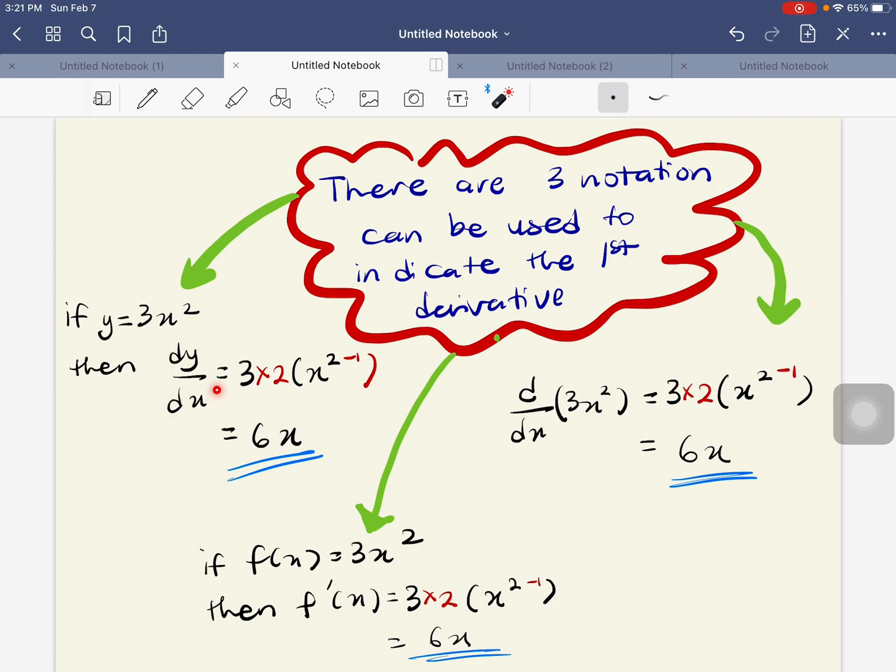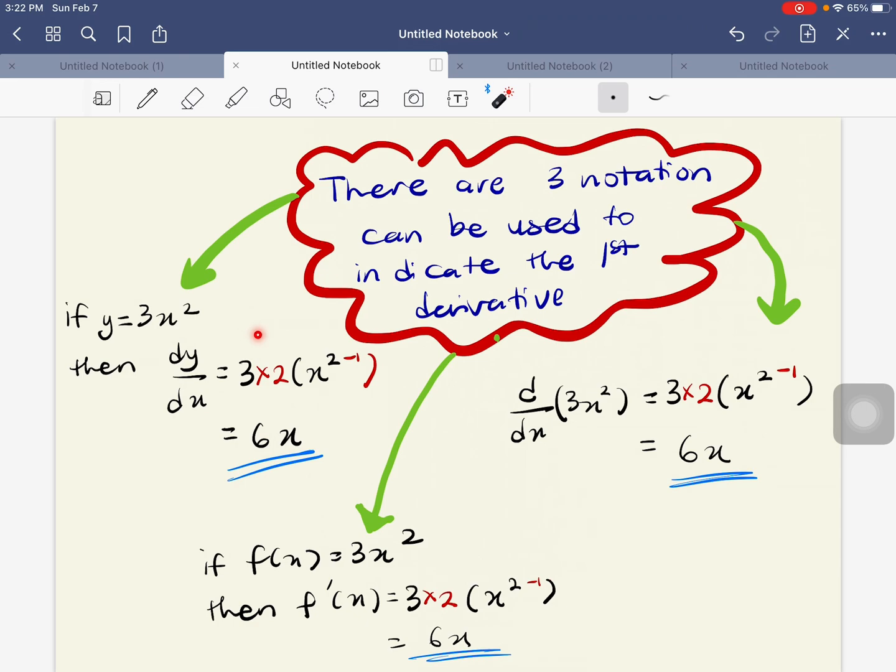What does dy over dx mean? It means differentiating y with respect to x. We want to differentiate y with respect to x. Why x? Because the unknown given is x, so we differentiate with respect to the unknown.